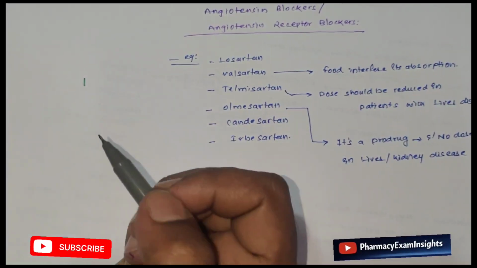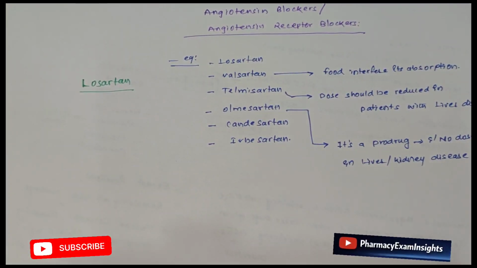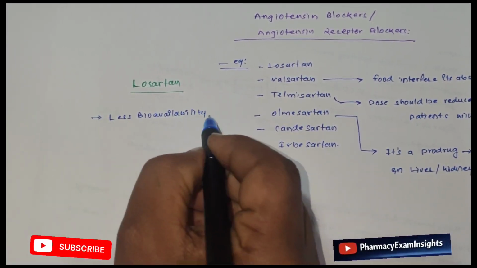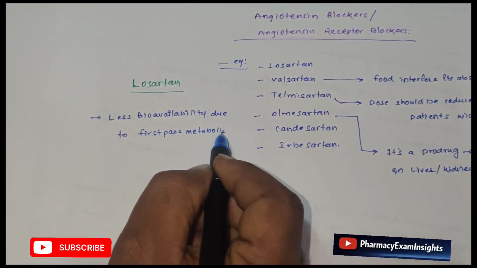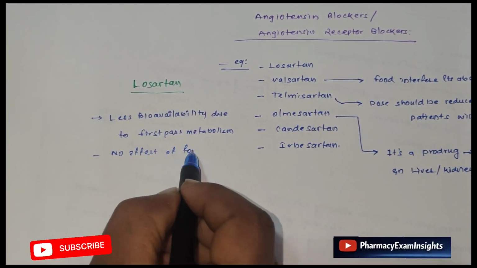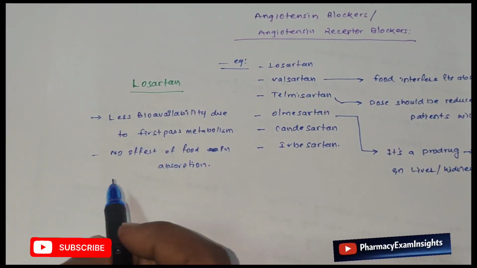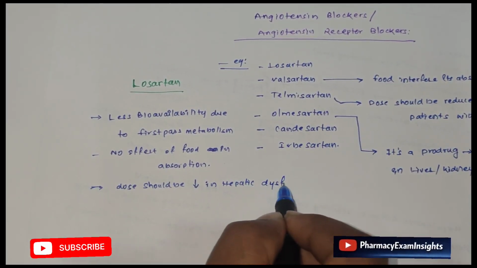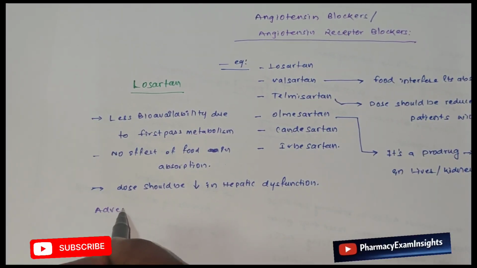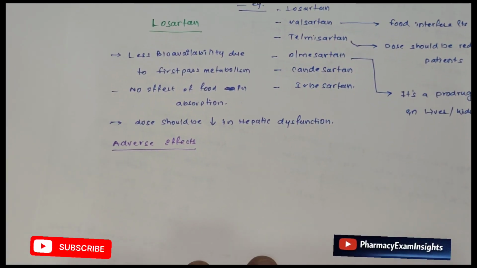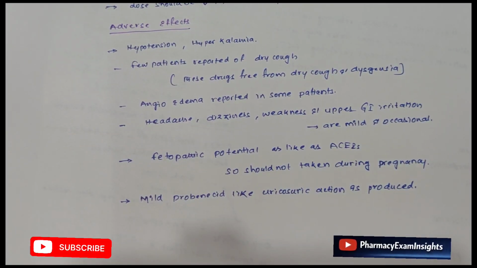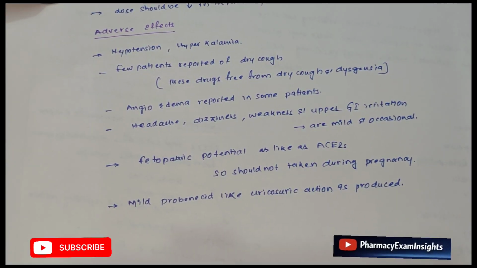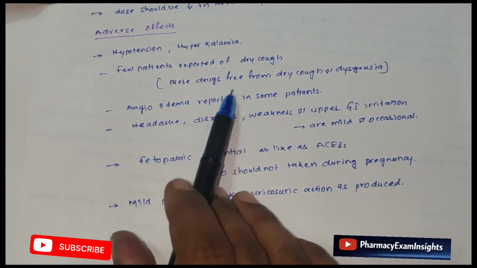Coming to Losartan: less bioavailability due to first pass metabolism, no effect of food on absorption, dose should be reduced in hepatic dysfunction. Adverse effects are hypotension and hyperkalemia. Few patients report dry cough, but these drugs are largely free from dry cough and dysgeusia.